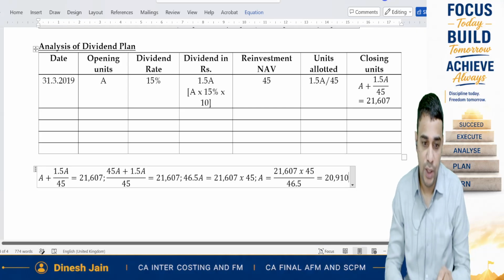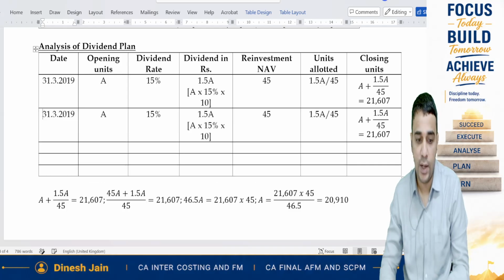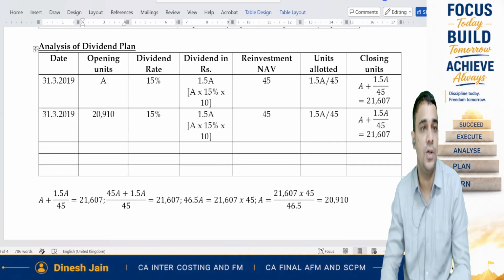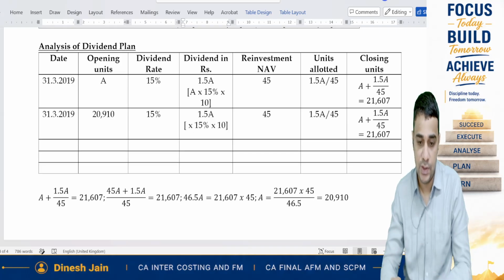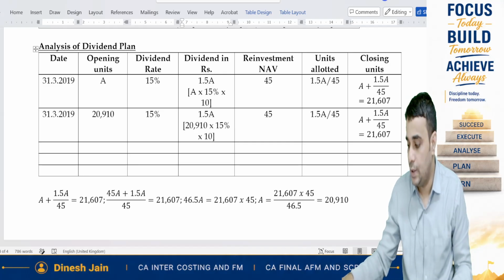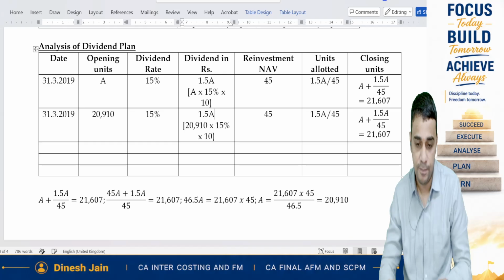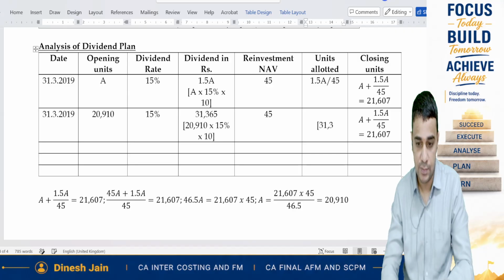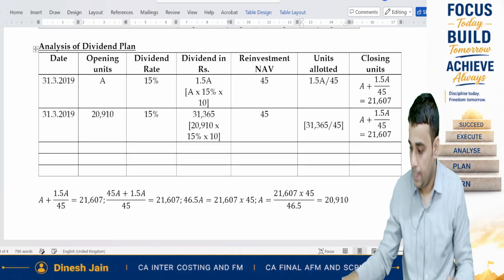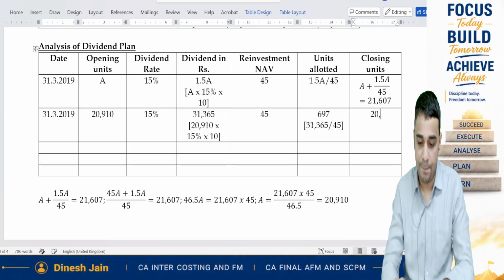You need not write this. Before we analyze the next dividend, I'm showing you what has happened here. This was 20910. 20910 into 15% into 10 gives 31.36 rupees as the dividend, and extra units is 697.